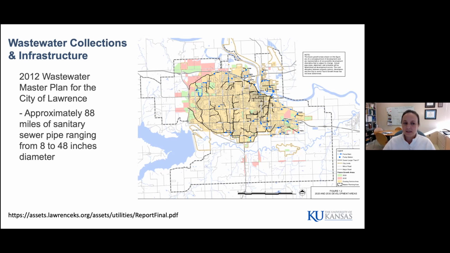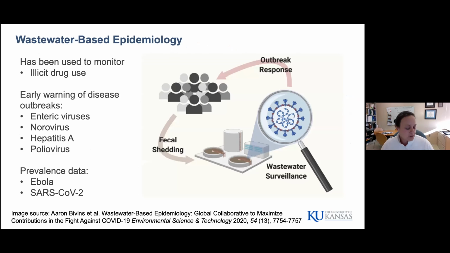All right, so this is really thinking about pooled sampling. This is being termed wastewater-based epidemiology. It's not a new term. It just hasn't been widely looked at for monitoring public health.